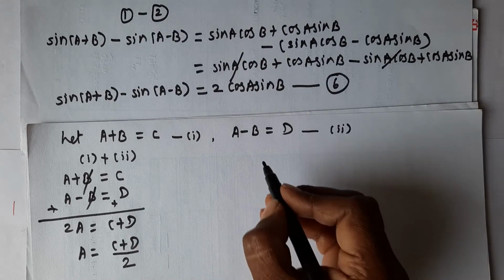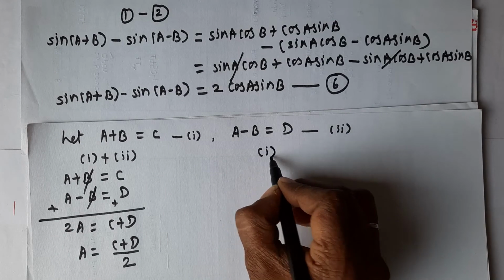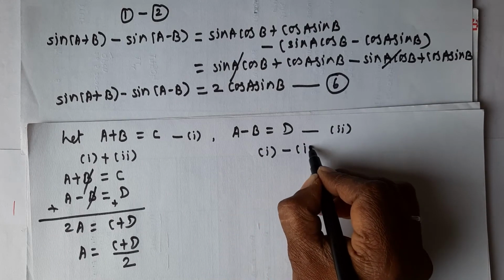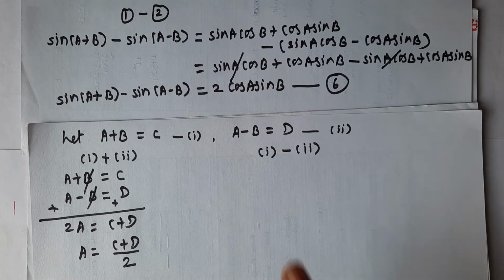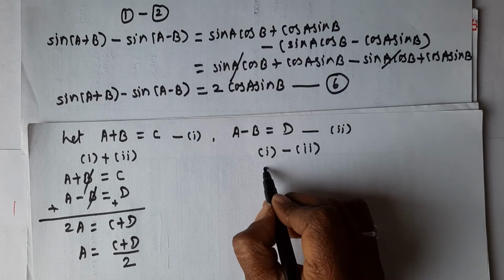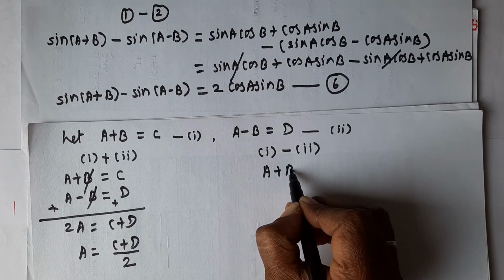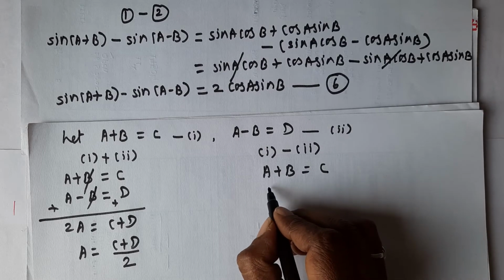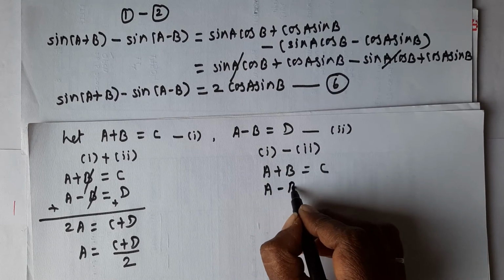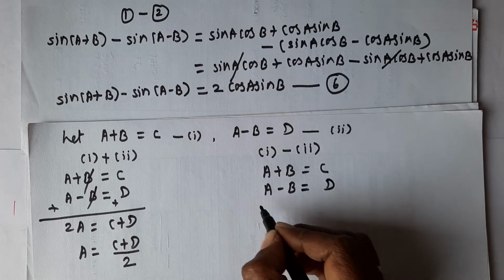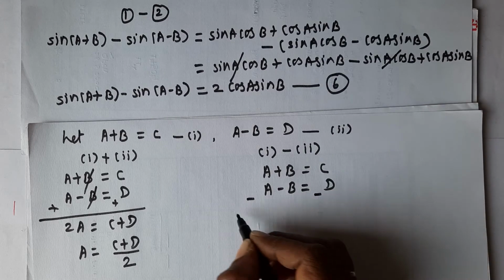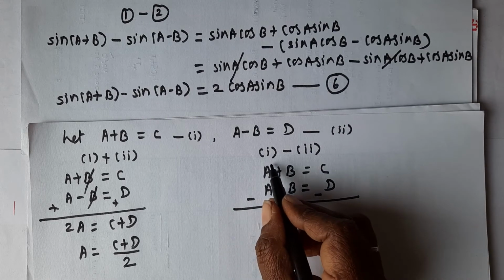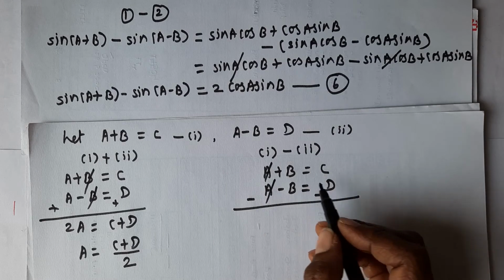Okay. Now here I will take subtraction of second from the first, that is first minus second. Now what is first here? A plus b is equal to c, and we have to subtract this second from first, therefore there will be minus sign. Okay. Now this plus a minus a will get cancelled.